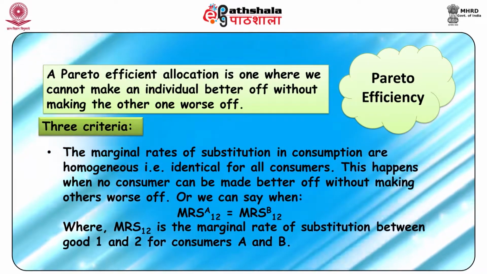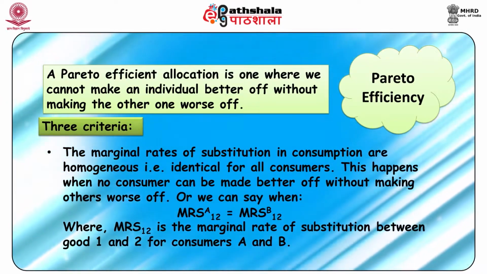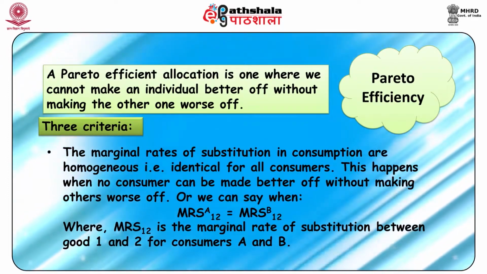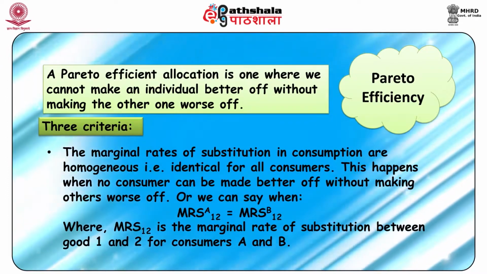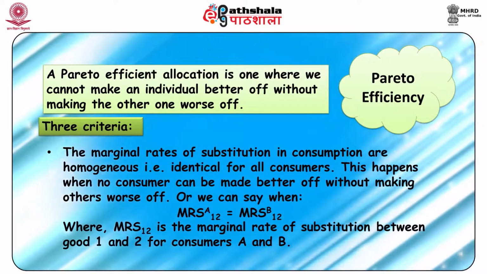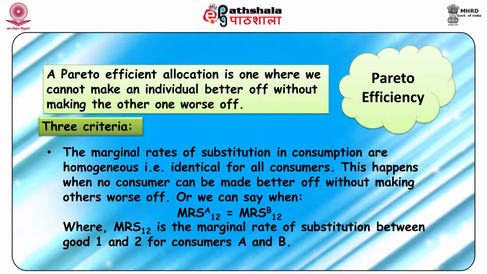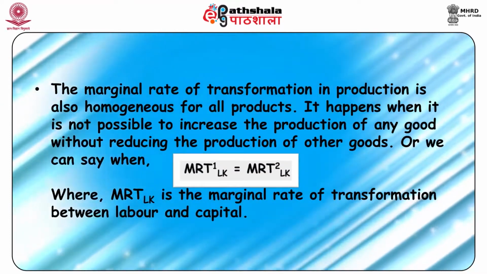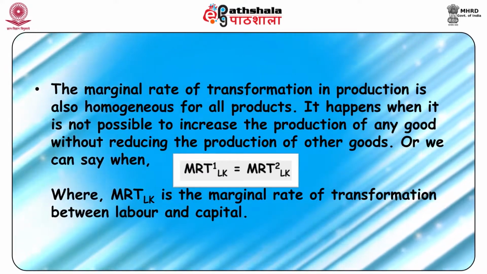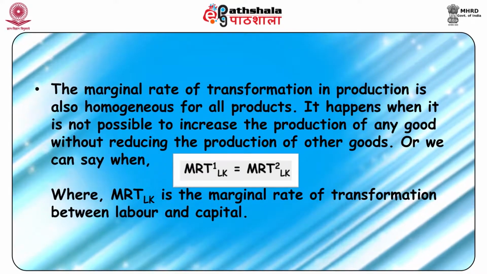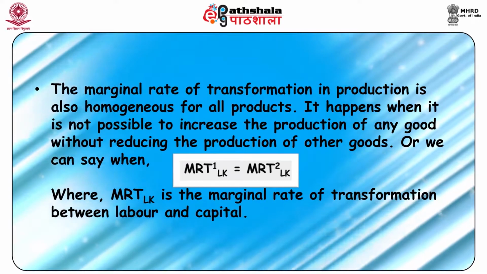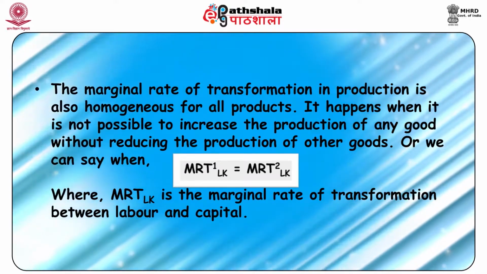Or we can say when MRS 12A is equal to MRS 12B, where MRS 12 is the marginal rate of substitution between good 1 and 2 for consumers A and B. The second criterion is that the marginal rate of transformation in production is also homogeneous for all products.